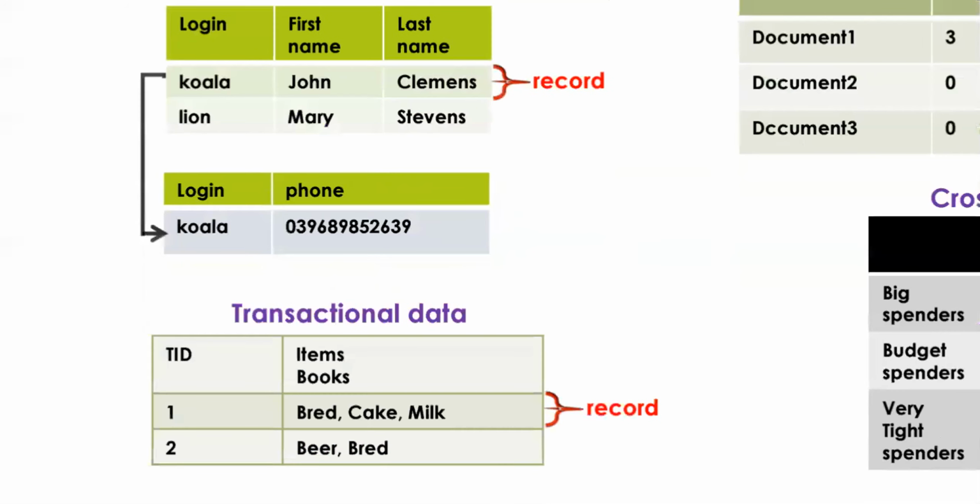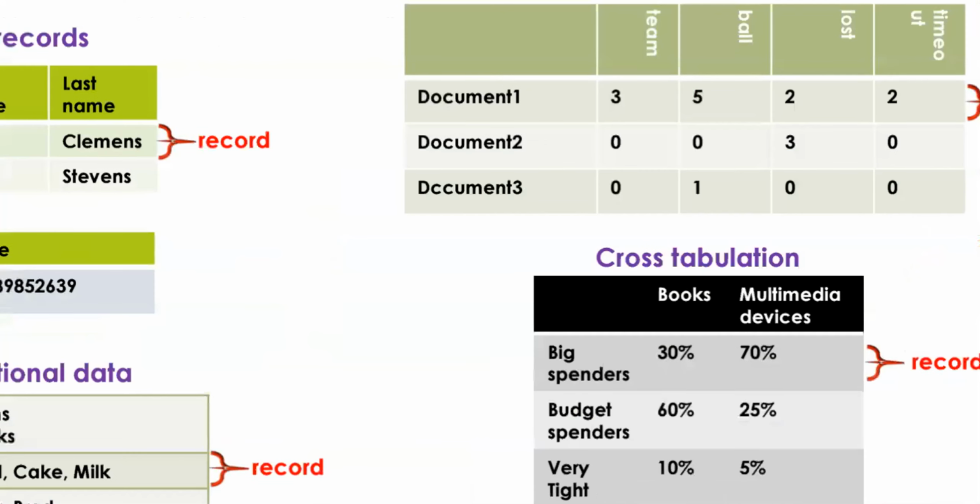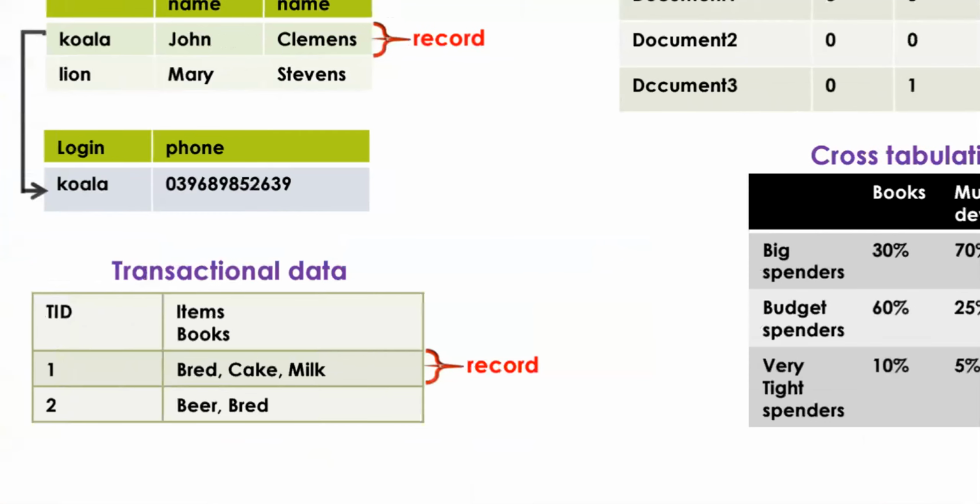And this is the document data: team, ball, lost, and timeout. This is a particular record. This is the transaction data: transaction IDs, bread, cake, milk, beer, bread. This is one record.